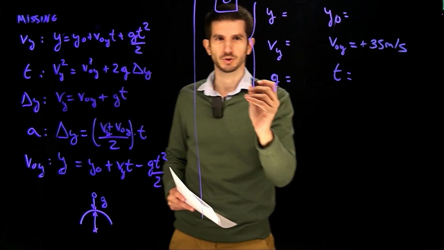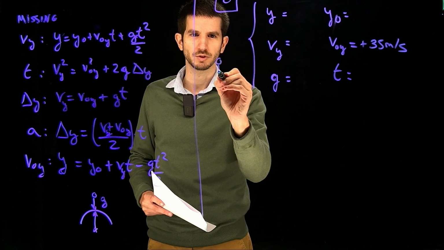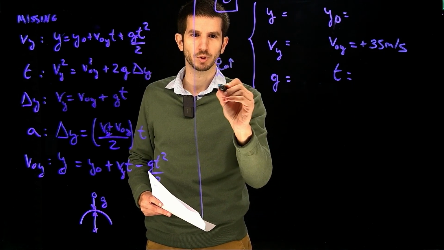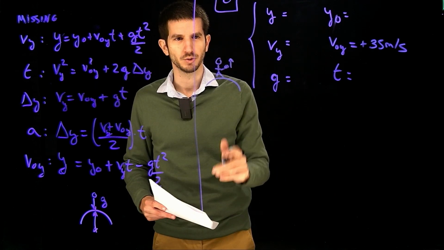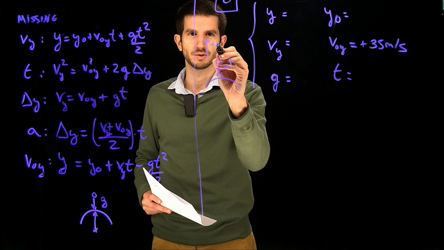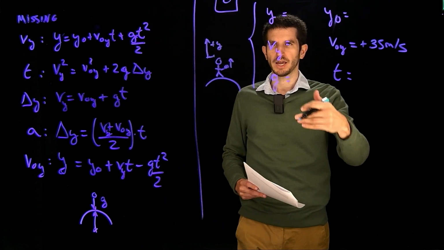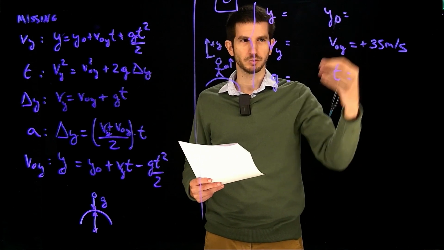Sometimes it might be useful just to make a small cartoon of the situation. So let's say you're just here and you're throwing a ball upwards and you're on the moon, right? So then you can define that this is the positive direction, and so everything pointing down is going to be negative, and if you go down, it's going to be decreasing the position.